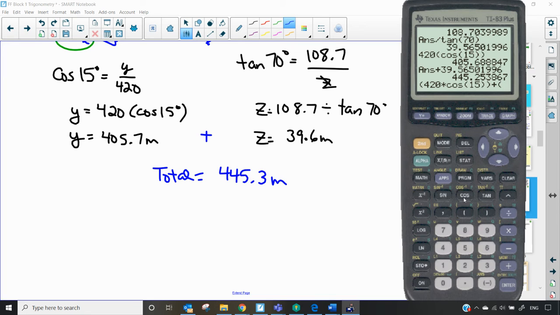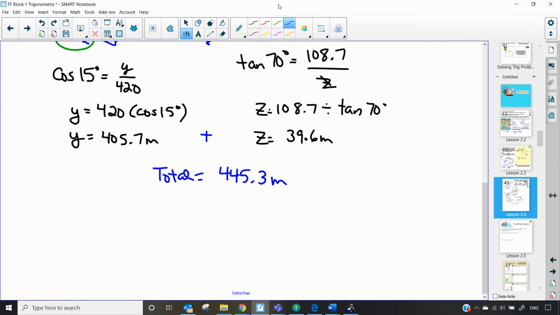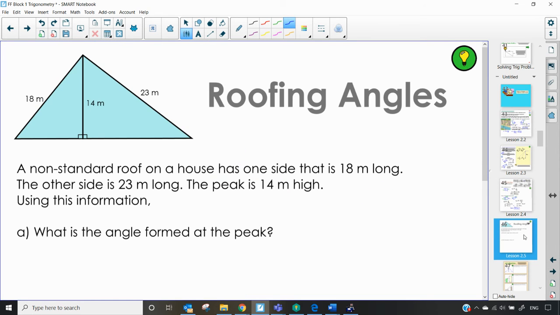I guess that part we'd have to type out, but we could go that 108.7 and so on, divided by the tan 70 and get our answer. So if you wanted to keep everything exact, you could type the entire trig functions out, but it's a lot of brackets and everything else to worry about, and just as many chances for errors. So again, our final answer here is 445.3.